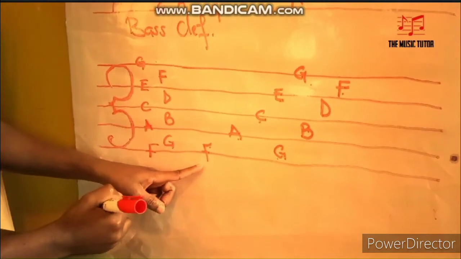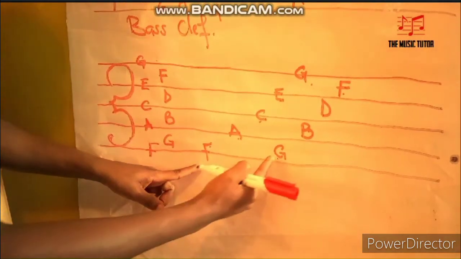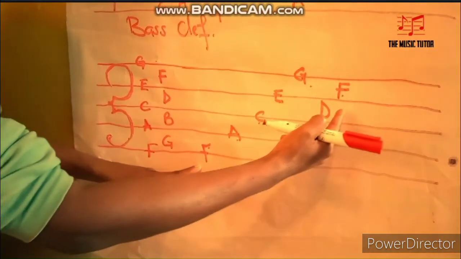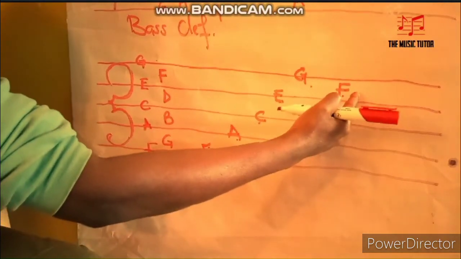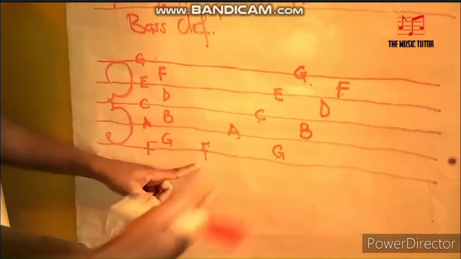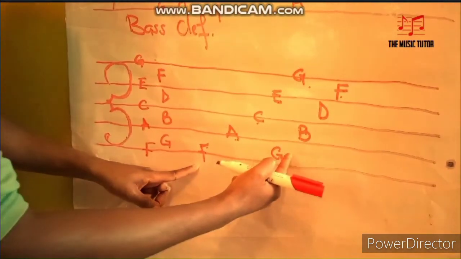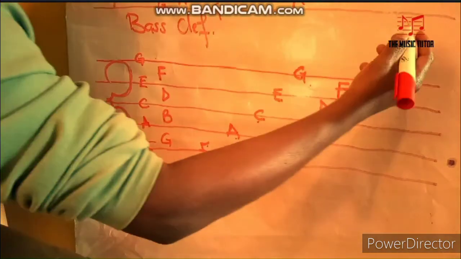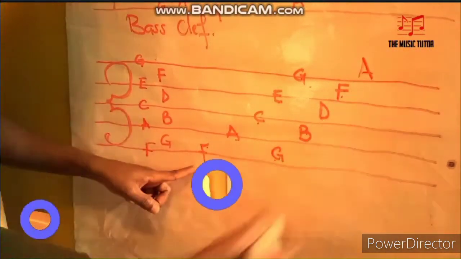The first space is space G, the second space B, the third space D, the fourth space F. And we memorize them as good boys deserves favor. And if we were to go upper, always.